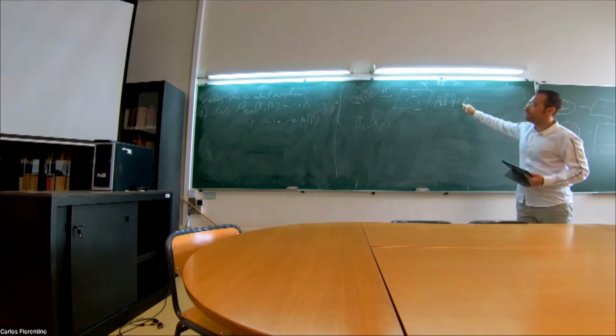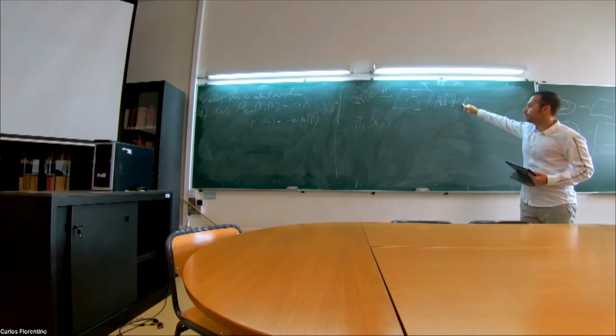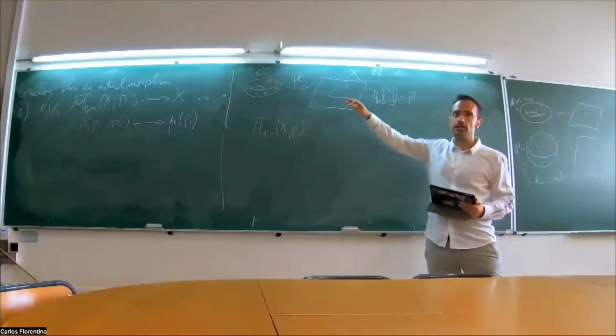So this basically means that the image of mu is of fixed degree.